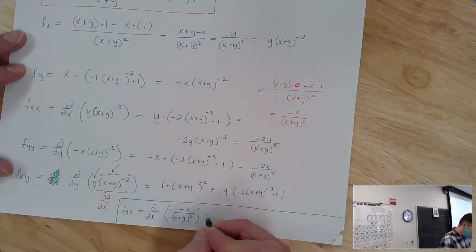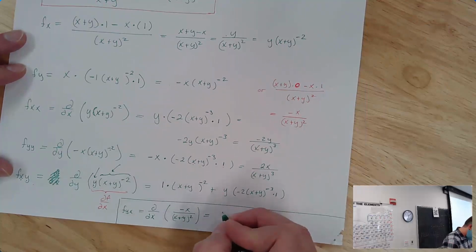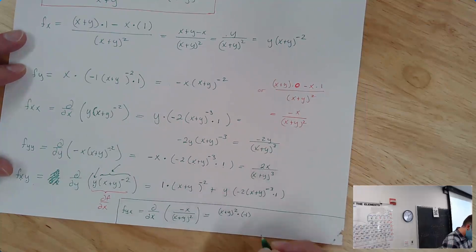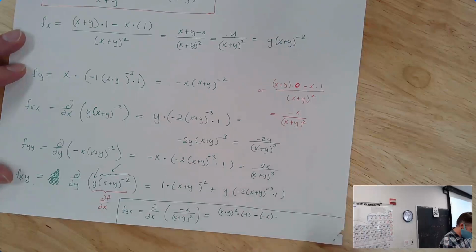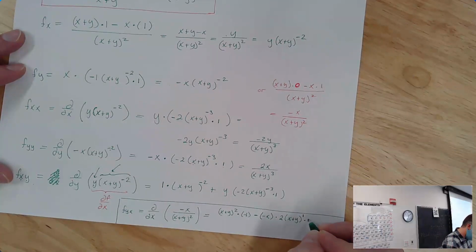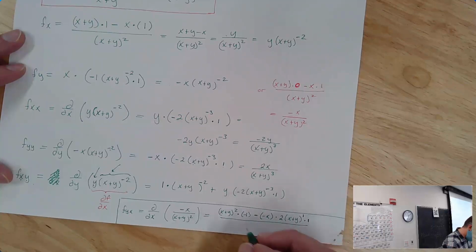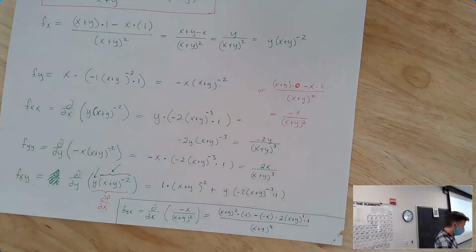Using the quotient rule, it's the bottom times the derivative of the top, which is -1, minus the top times the derivative of the bottom, which we need the chain rule for, 2 times our stuff to the first power times the derivative of our stuff, which is 1 plus 0, all divided by the denominator squared. I don't know, it kind of feels like both of those are terrible.